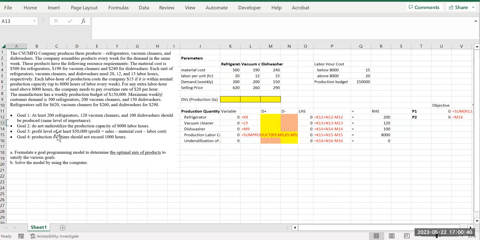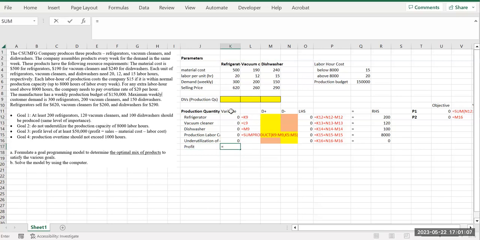Goal 3, profit level of at least $50,000. Profit is sales minus material cost minus labor cost. Okay, so I can write profit in 1 line, or I can actually make it in 3 lines, but I would probably write it in 1 line. So profit, that's the variable. So the variable is going to be sales.